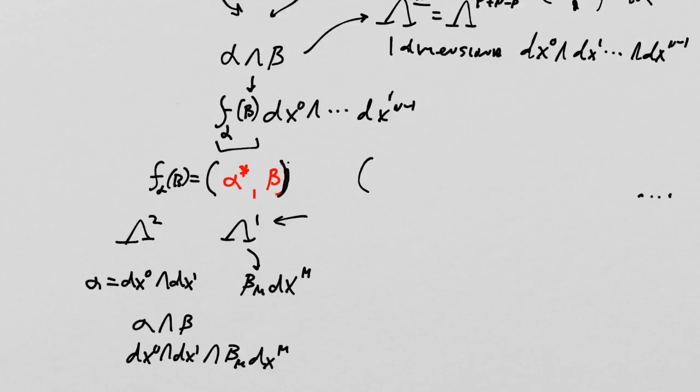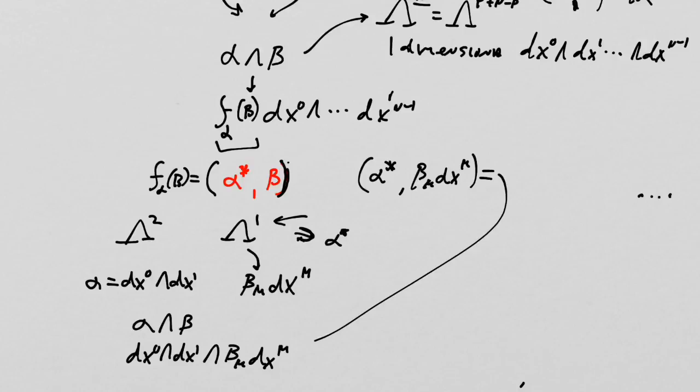So I'm looking for a one form that is dual to this. So alpha star is a one form. It's an element of the first exterior power. And I want alpha star inner product with beta mu dx mu to necessarily equal this thing right here, right?